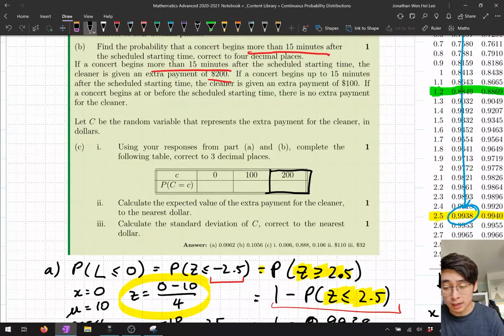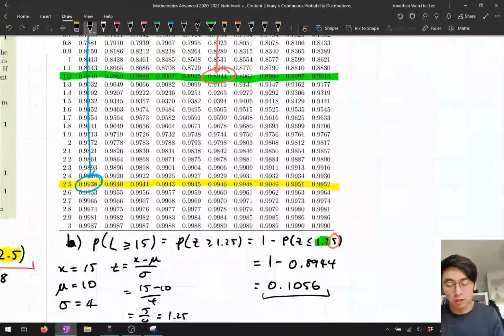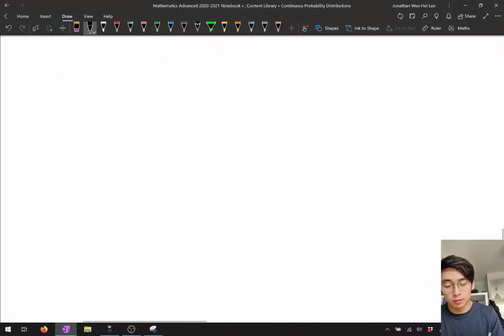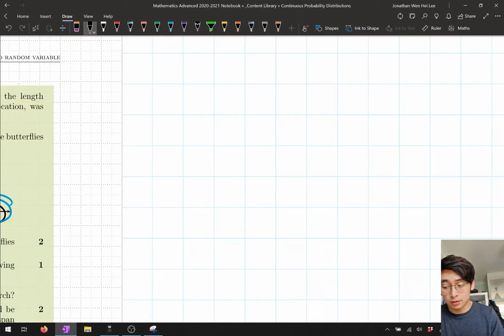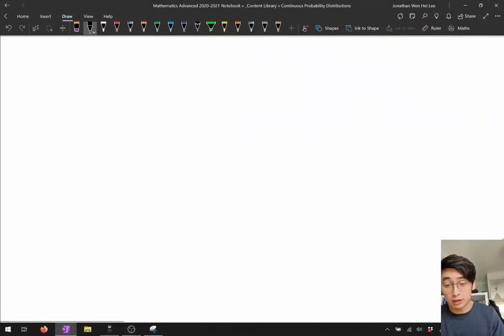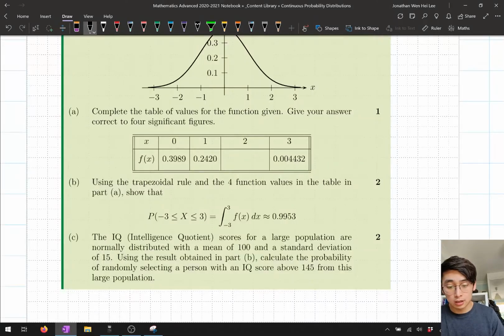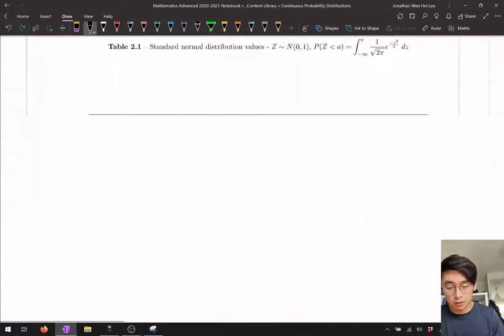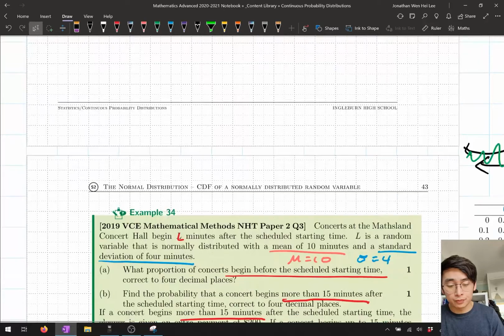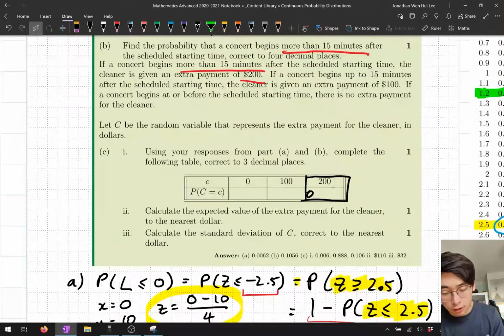Here, I need to write this to 3 decimal places, so I'm rounding this to 3 decimal places, which is 0.106. Okay, cool.